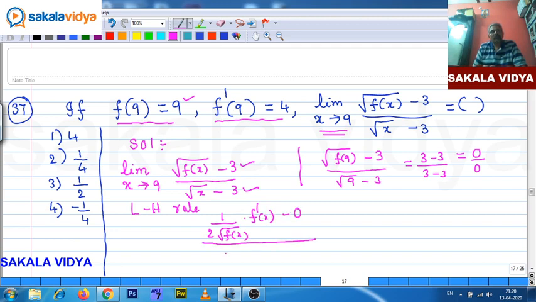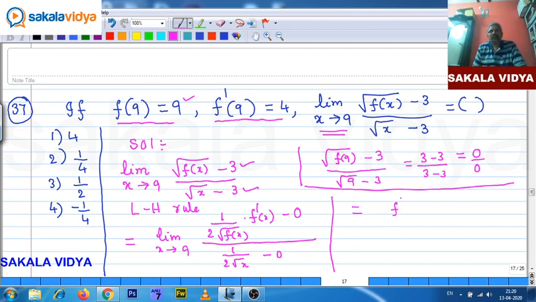In the similar manner, root x differentiation is 1 by 2 root x and minus 0, this equals to limit x approaches to 9. Now this can be written, so limit is applied here we have. So this we can write f dash x by 2 root f of x into 2 root x by 1.